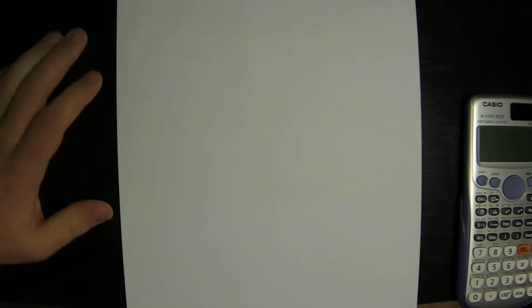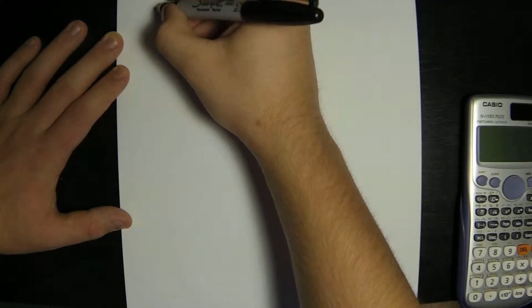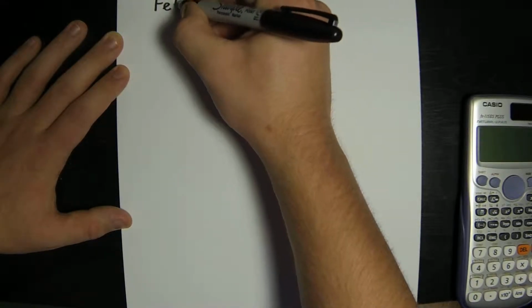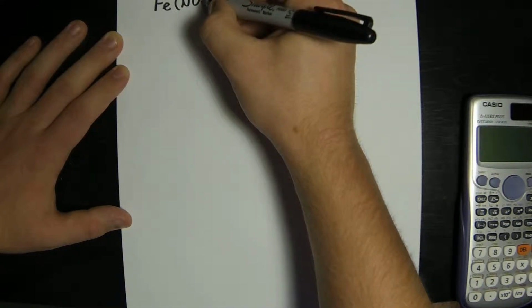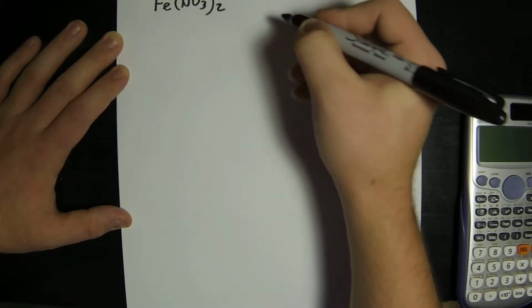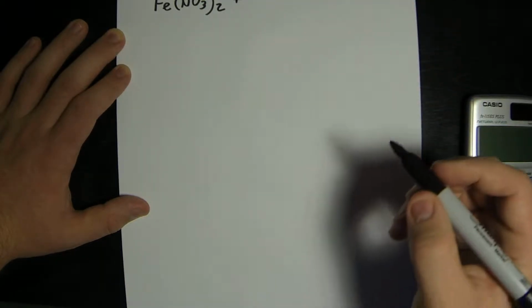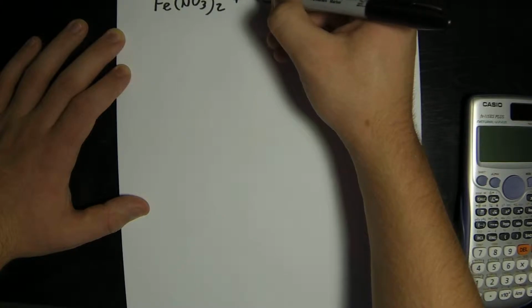Let's do it. So let's say we have a reaction with, what should we do? Let's do iron nitrate, iron 2 nitrate, plus, what should we do? Should we reduce it? Yeah, let's reduce it.